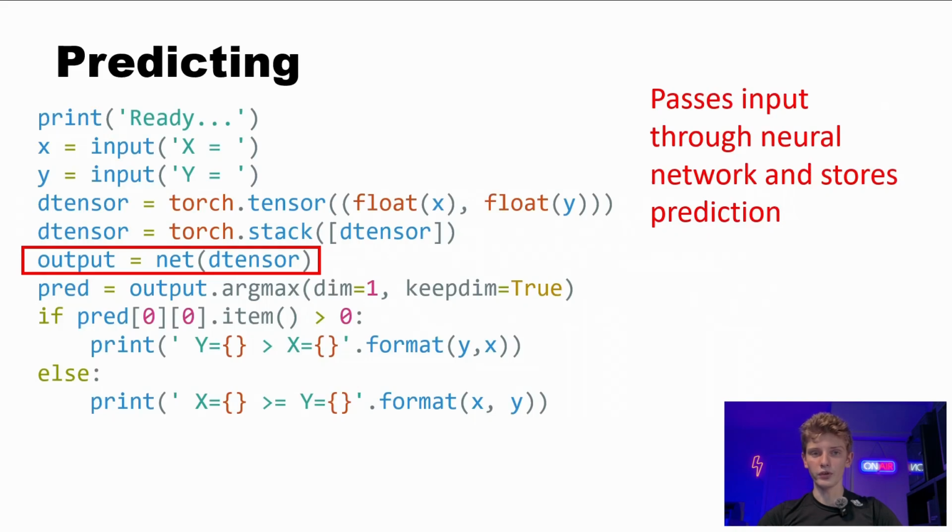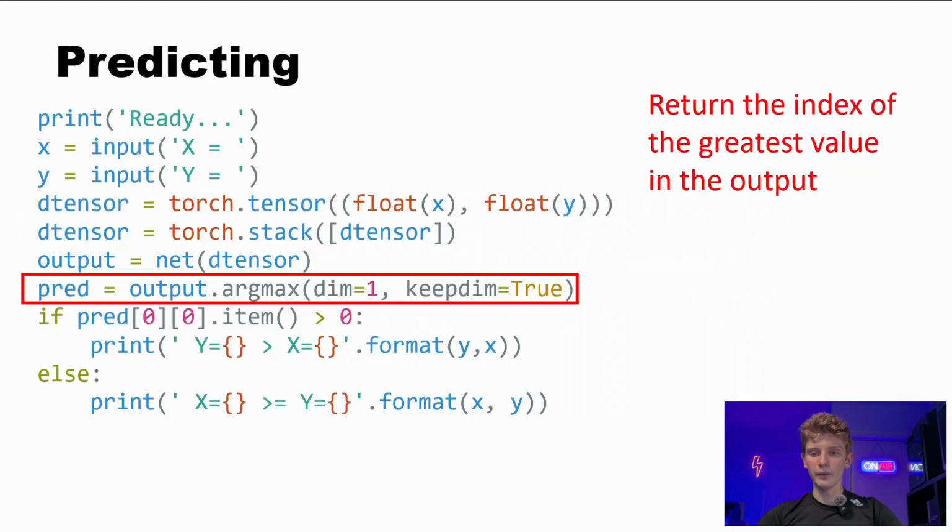And remember, this is what's actually taking our input data and passing it through each individual layer, applying all of the necessary nonlinear activation functions. Now, with the output, we can apply this argmax function to it, and what this will do is simply return the index of the output with the greatest value.